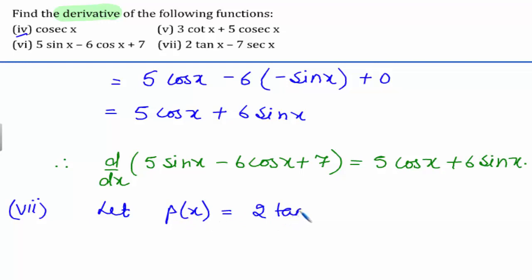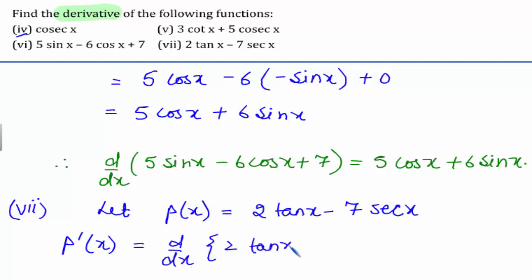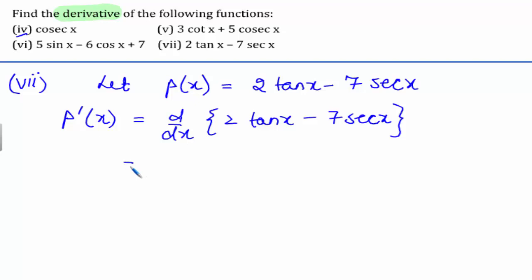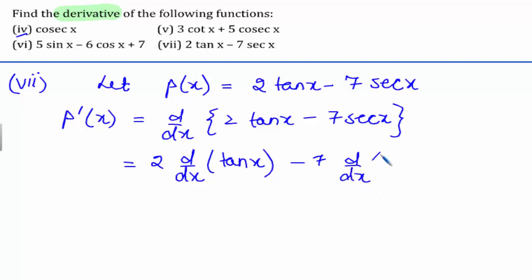So this can be written as 2 times the derivative of tan x minus 7 times the derivative of sec x. Now tan x can be written as sin x divided by cos x, minus 7 times of the derivative of sec x, which, as we found in the second part, is sec x into tan x.